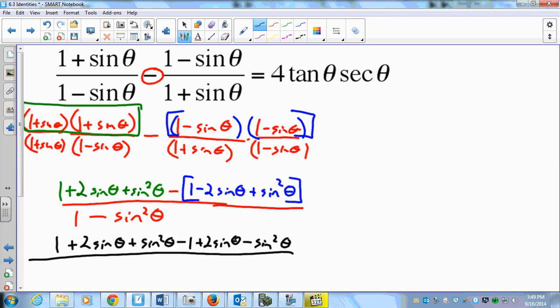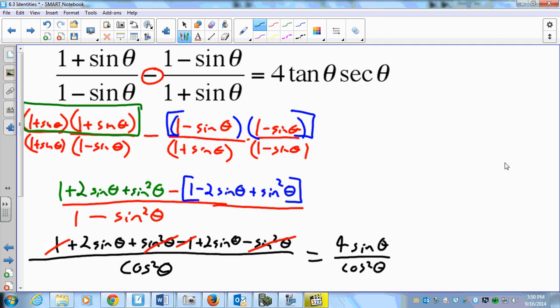Well, this is my Pythagorean trig identity. I know 1 minus sine squared theta is cosine squared theta. So now that I have all those written out, I see that 1 minus 1 goes to 0. Plus 2 sine theta minus 2 sine theta, that goes to 0. So now what I'm left with is 2 sine theta plus 2 sine theta, so I get 4 sine theta over cosine squared theta. Well, I'm getting really close here. I've got that coefficient that I want.